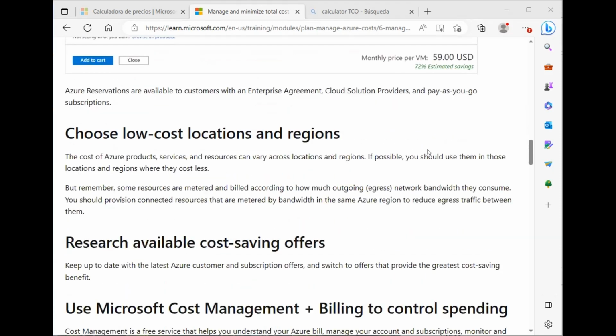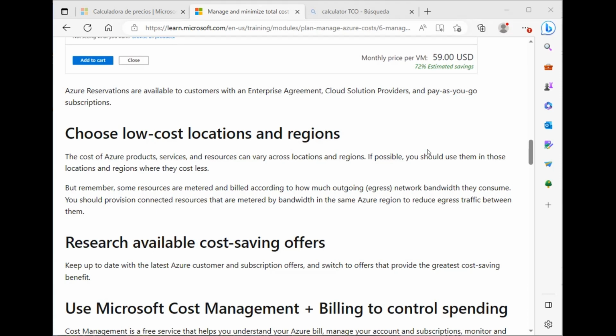Choose low-cost locations and regions. The cost of Azure products, services, and resources can vary across locations and regions. If possible, you should use them in those locations and regions where they cost less. But remember, some resources are measured and valued according to how much outgoing (egress) network bandwidth they consume.